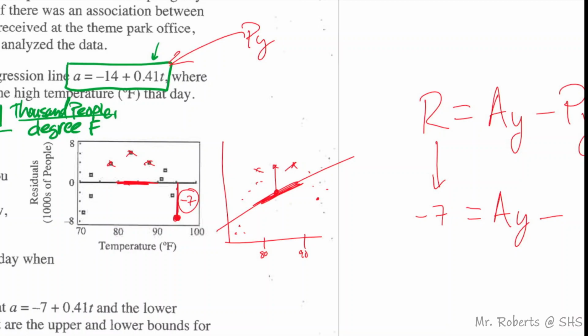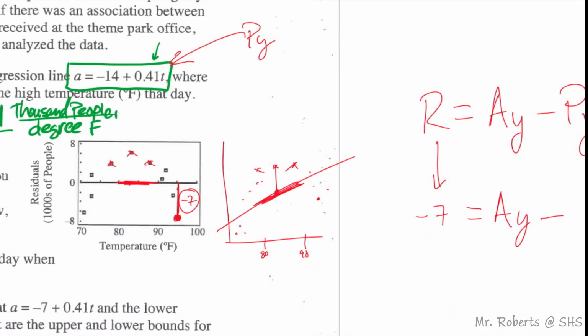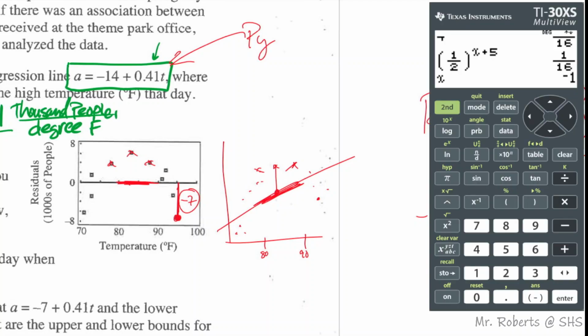How am I going to do that? It's easy, but I need a calculator first. Turn on the calculator. There it is. Let me clear that. So what I'm going to do is feed 95 degrees in.